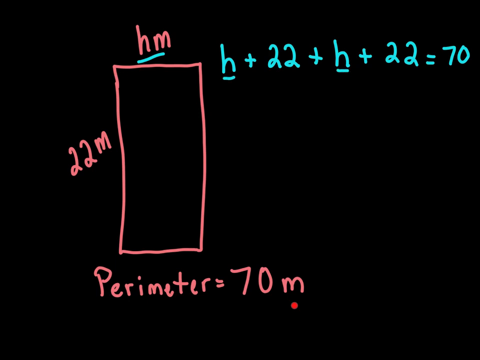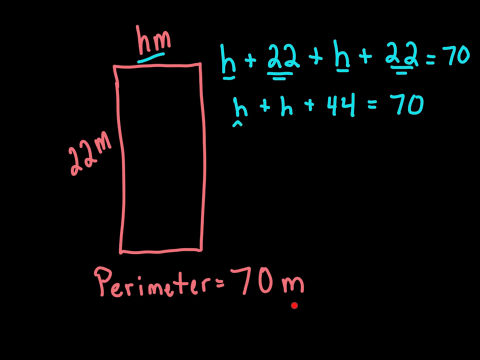So if we can group the ones that we know, we have 22 plus 22, and 22 plus 22 is 44. So we have H plus 44, and this is all equal to 70.